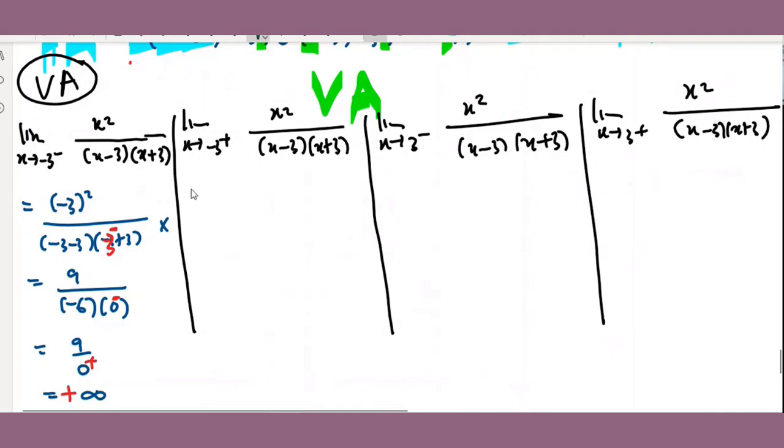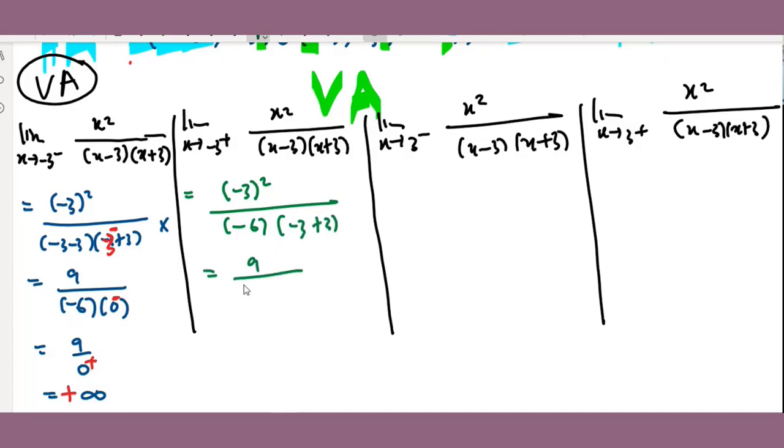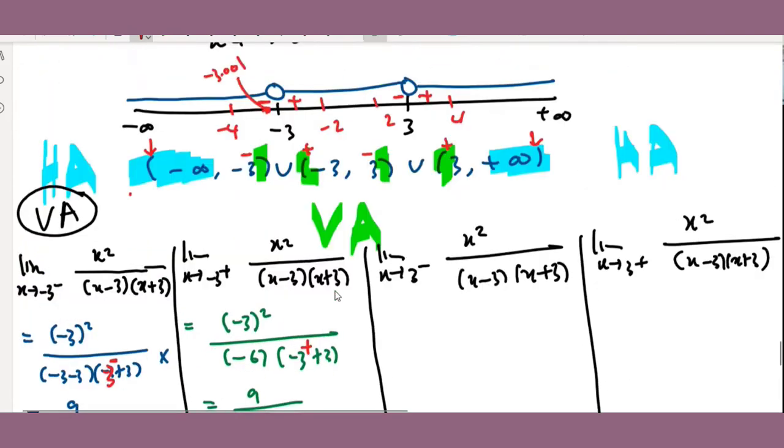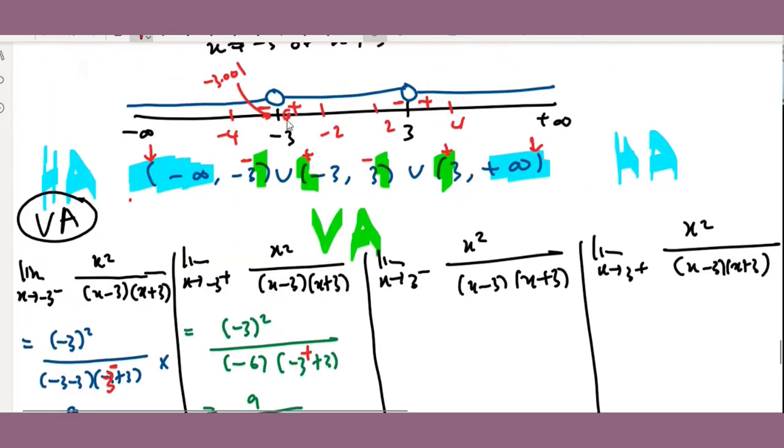Now try the next one. Substitute negative 3: 9 over negative 6 times 0, which is 9 over 0, infinity. Negative 3 from the right is here, for example negative 2.9999.